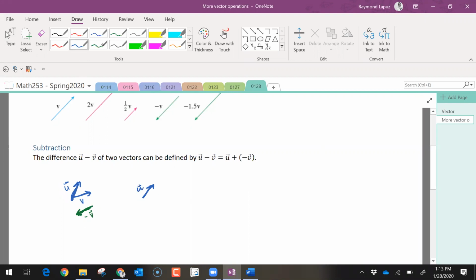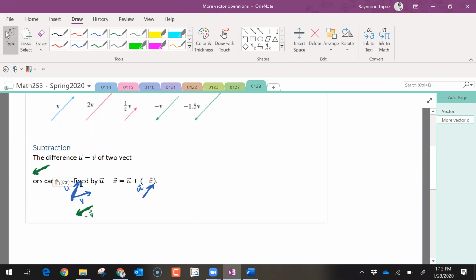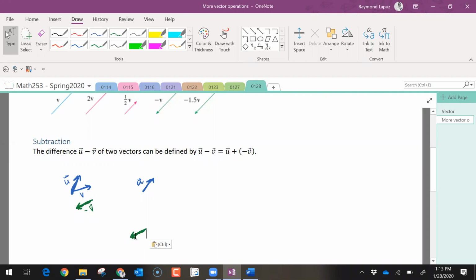And -V, if I add it, I would have to take this, maybe I could just pick this up and copy. I think my original U wasn't very good. Maybe I'll pick this up too and copy it.